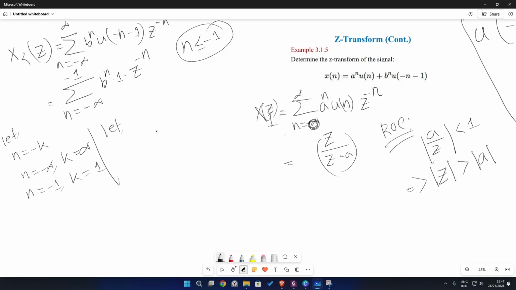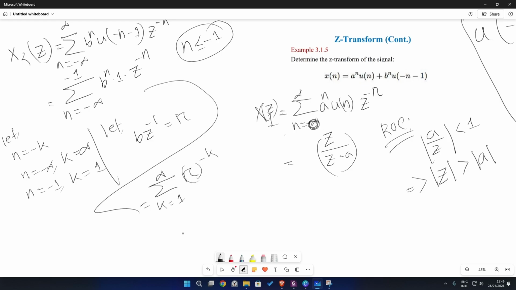We also have to consider b z inverse 1 equal to r. So if we replace in this equation, k equal to 1 to infinity, r to the power minus k, then all the things are same as previous.